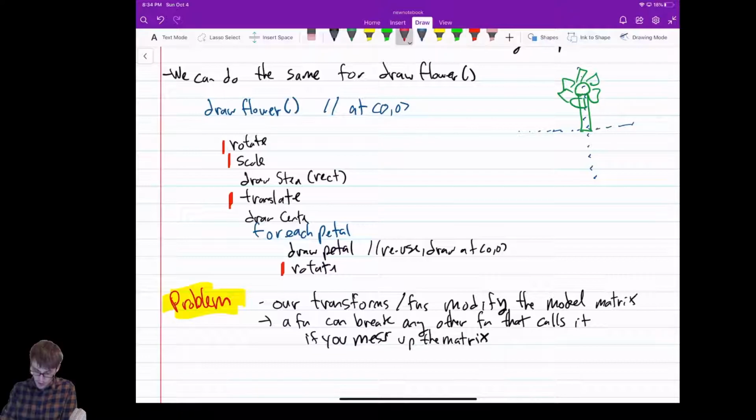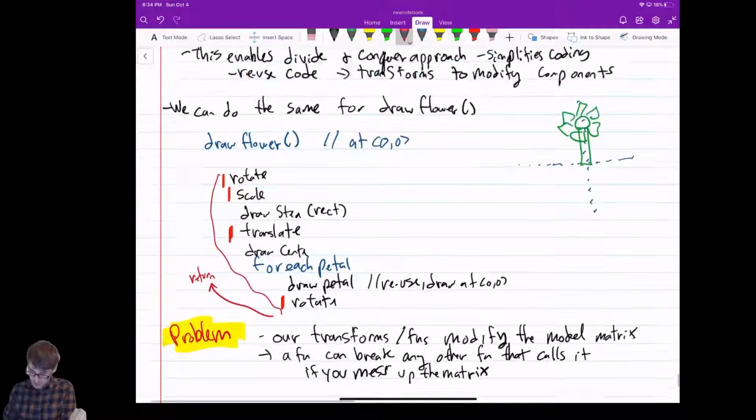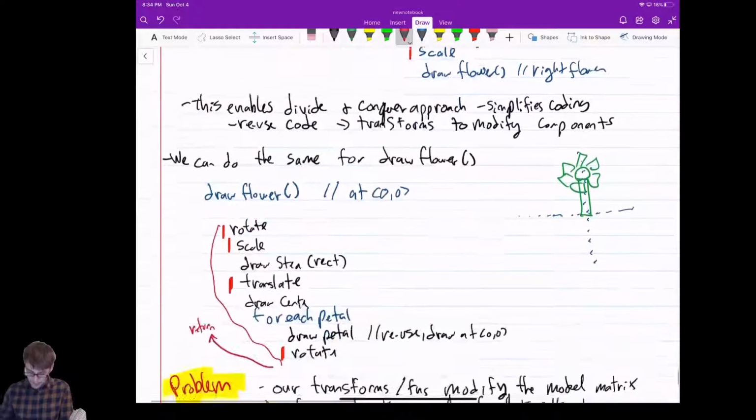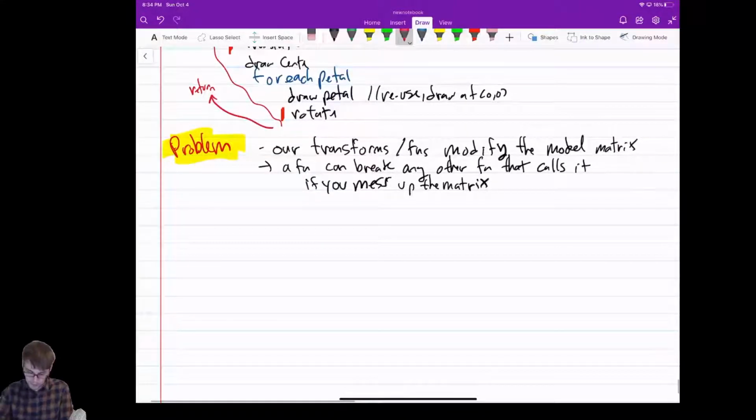And then when all of this compounds my model matrix, and when I return to here, boy, that's a mess. I need to undo everything, okay? So this is a good idea, but we have one more problem to solve. This is a management problem.